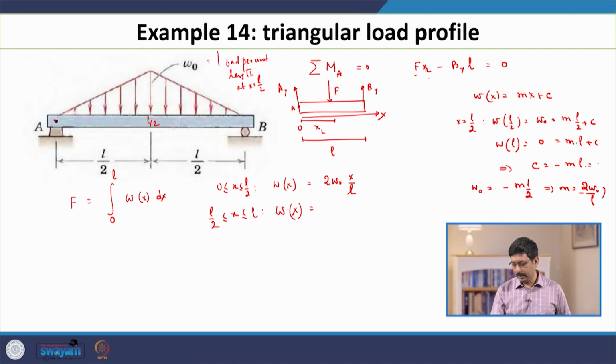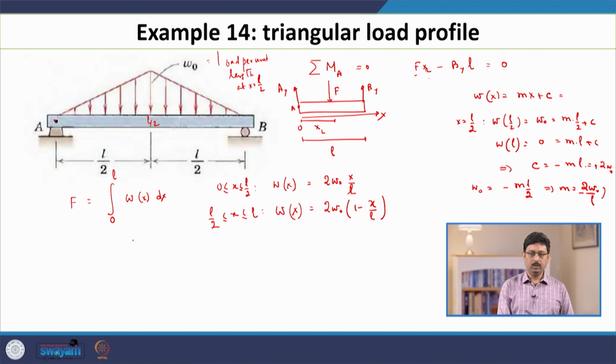So, m times L, which is minus 2 omega naught plus 2 omega naught. So, then our profile is 2 omega naught times 1 minus x by L, and we can verify that at x equal to L this is 0, and at x equal to L by 2 this is W naught. So, this is our Wx.